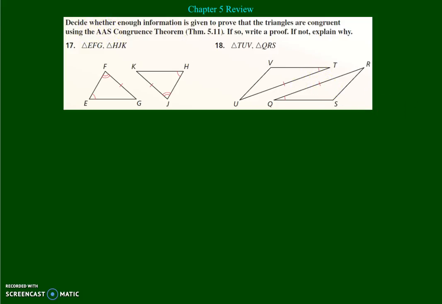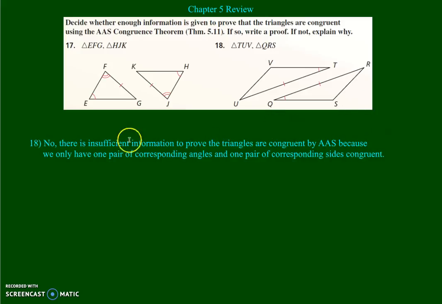So our final response is no, there is insufficient information to prove the triangles are congruent by angle side because we only have one pair of congruent angles and one pair of congruent sides. Now on to problem 19.